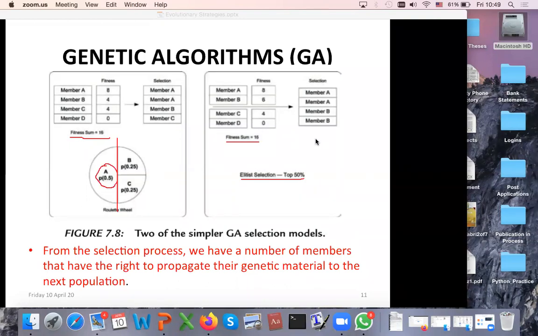So 18 divided by 8, we have 2.25, okay? And for 18 divided by 6, we have 3. So on one side we have 2.25, and on the other side we have 3.